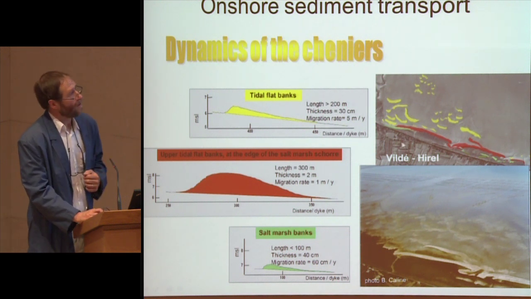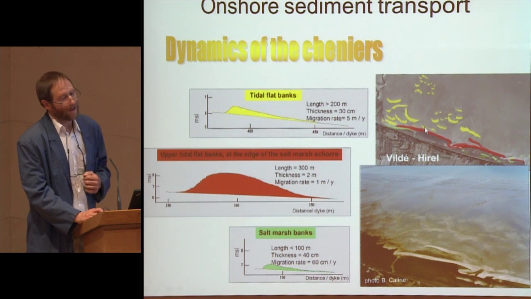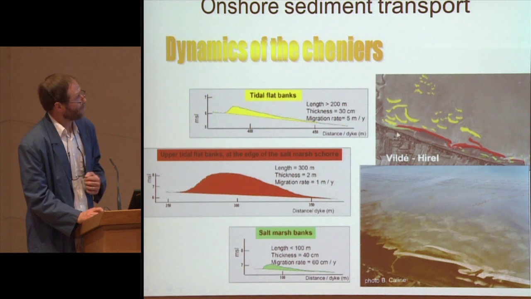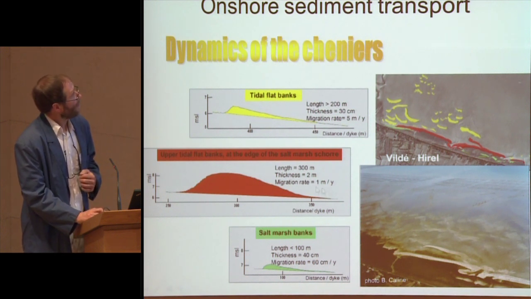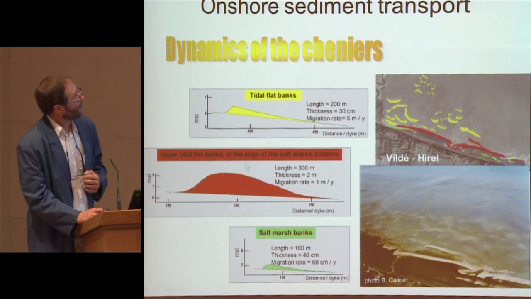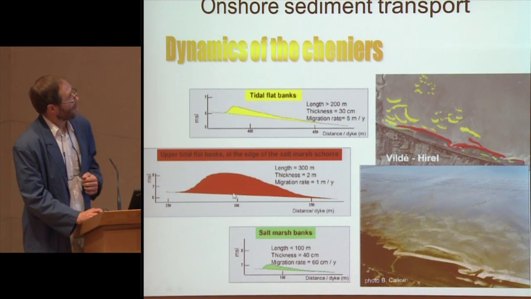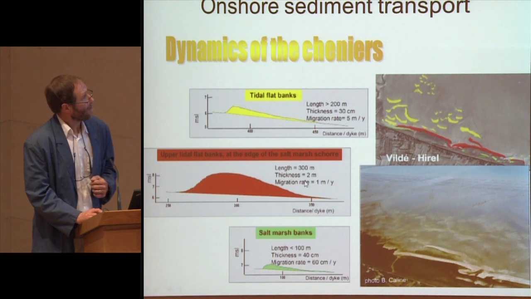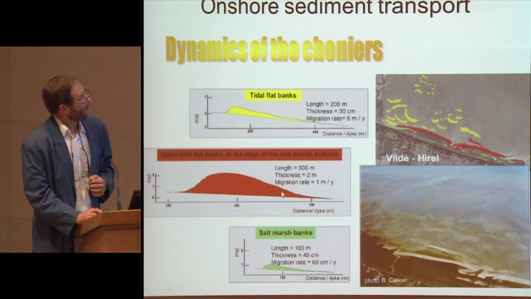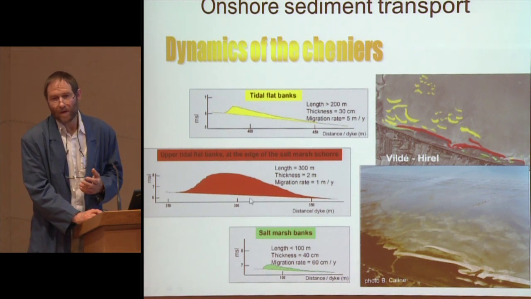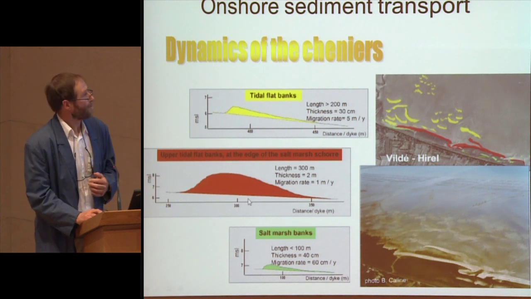They are the lower accumulation. In red, upper tidal flat banks. All these accumulations consist of shells with a part of sand.